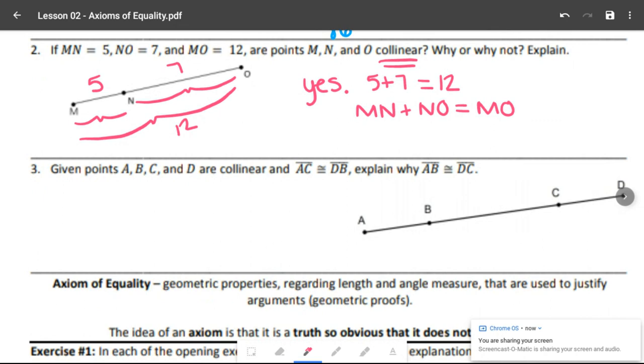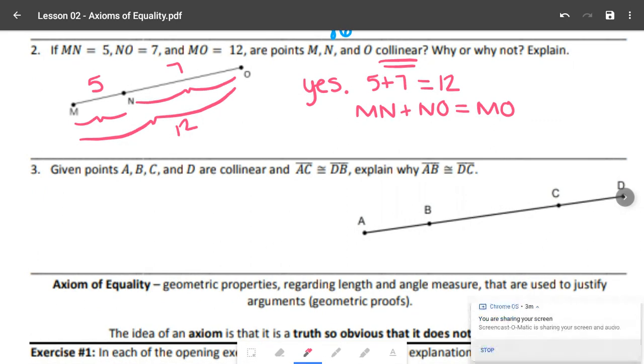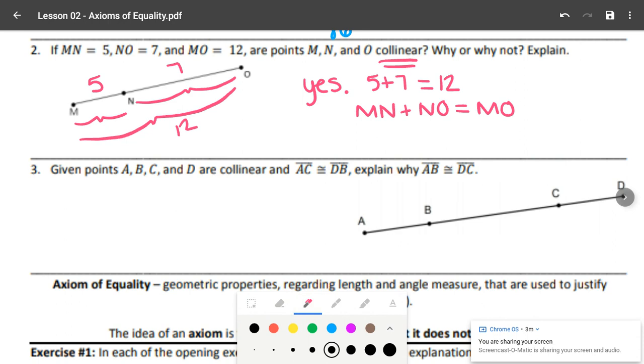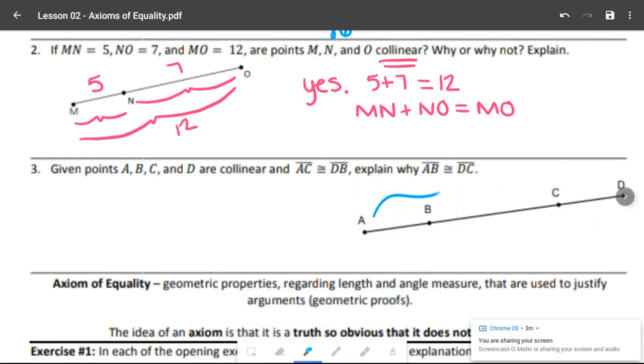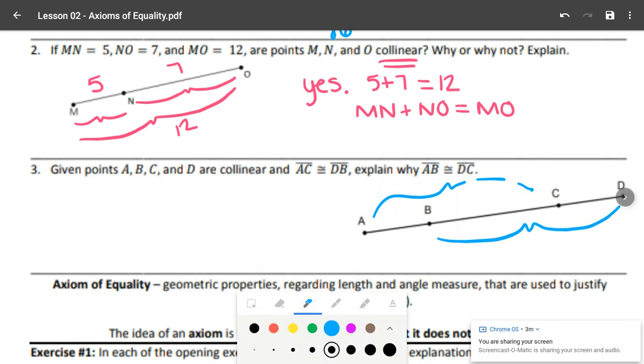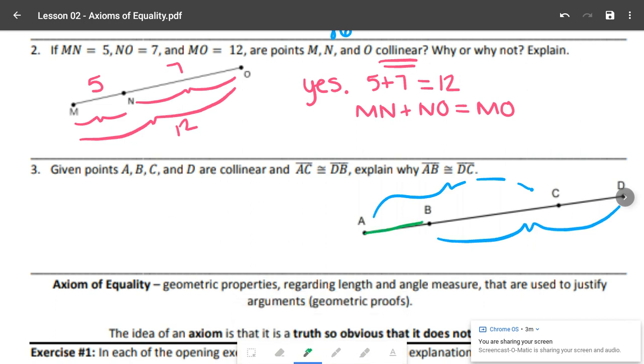Last opening exercise we're looking at here, we have given the points A, B, C, and D are collinear. We know here that AC, this entire thing, is congruent to DB, this entire piece, and we want to explain why the smaller pieces, AB and CD, are congruent.